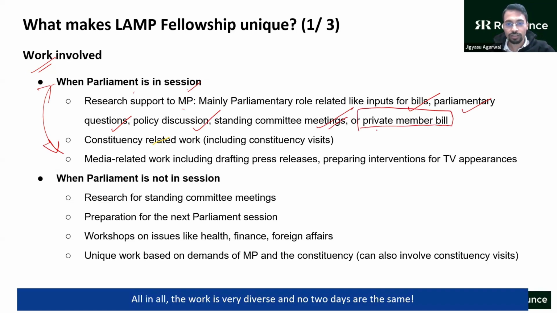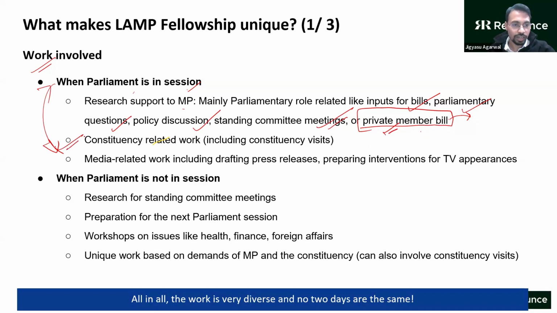So whether you work with a leader, with an MP in power or in the opposition, there are silver linings everywhere. If you are working with an opposition MP, you may get an opportunity to work on a private members bill, which is one of the best opportunities an average LAMP fellow can have. A great opportunity.